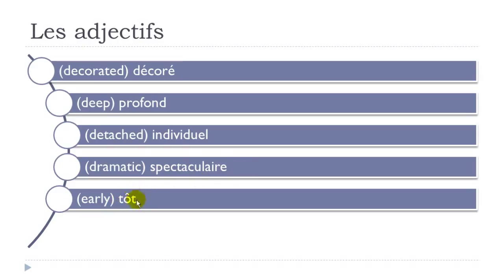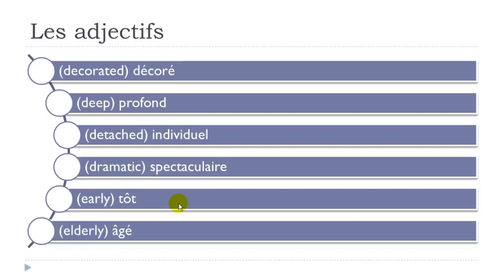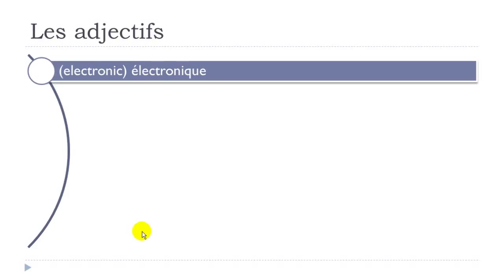Tôt. Okay, final T not pronounced, and then this O accent circonflexe is a bit stronger than normally. So tôt. Âgé. Okay, accent aigu here. Et âgé. Âgé. Électronique.